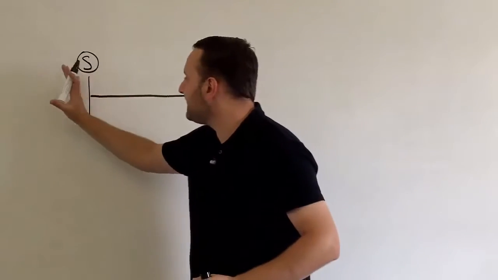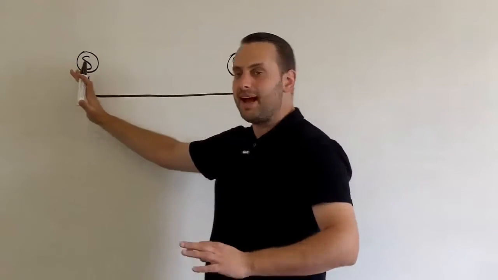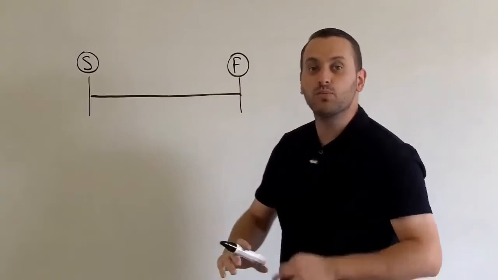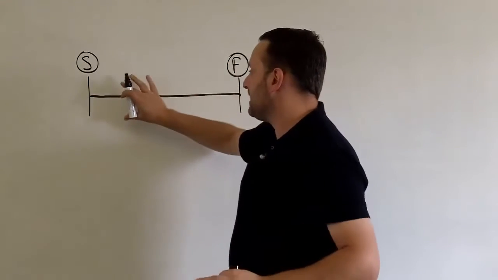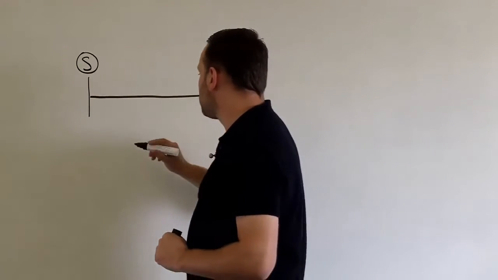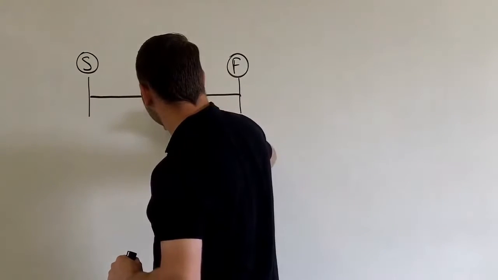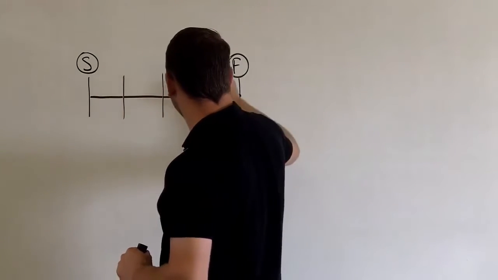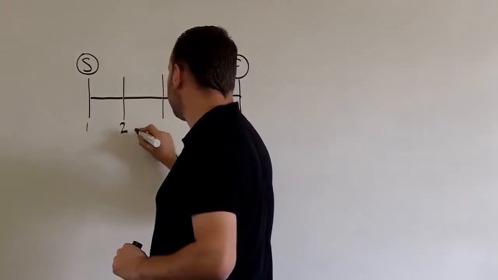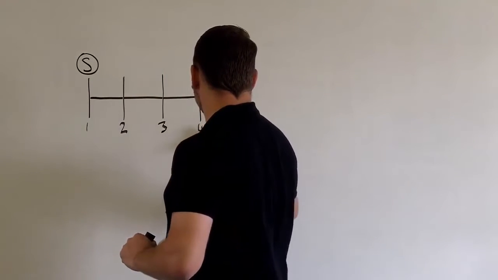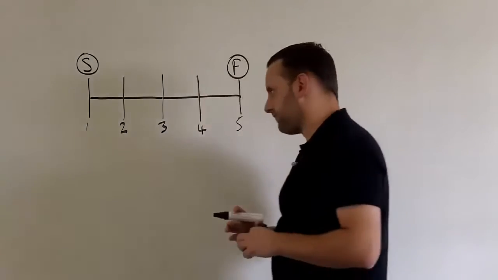So this is the beginning of your system, and this is the final destination within your business system. Now, there are other parts in between here, okay? So we're going to have one there, and one there. In total, giving us 5 parts to the system.